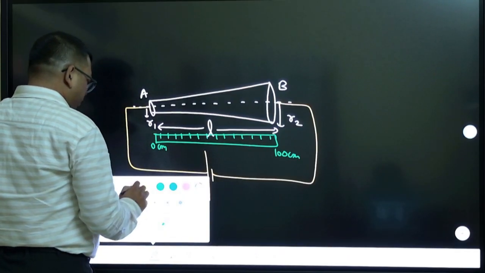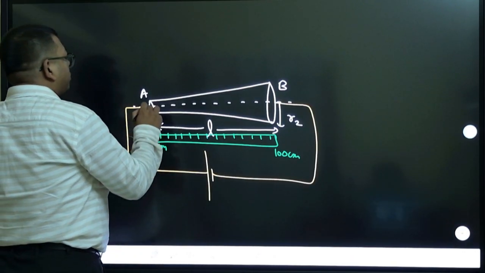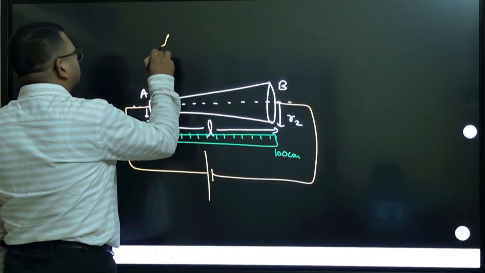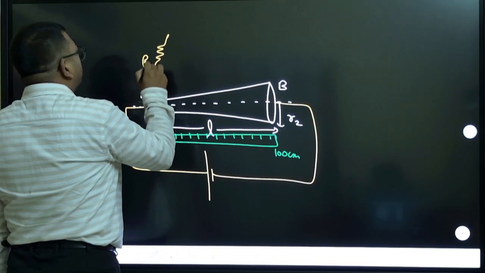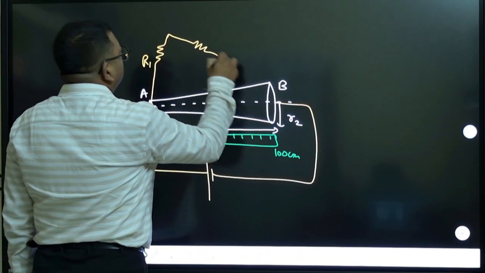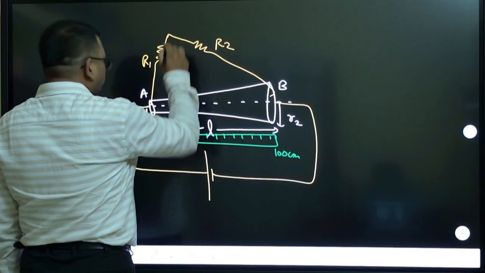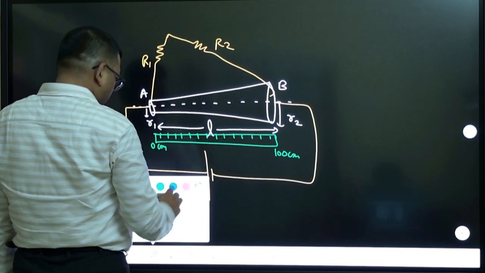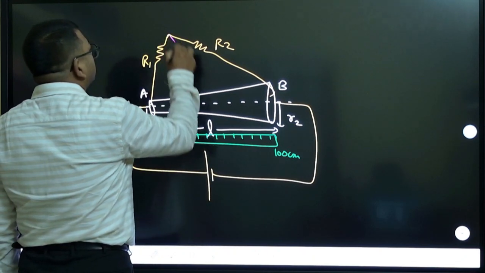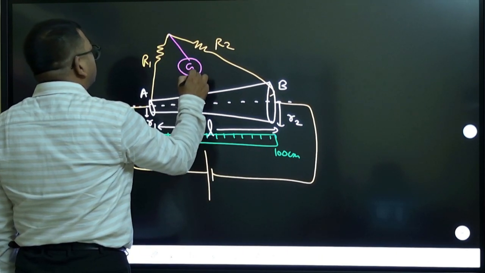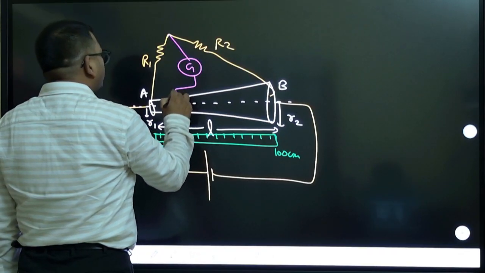You will connect this side with the resistance R1, and this side with R2, and in between you will connect a galvanometer, where the jockey will be moving over this wire.